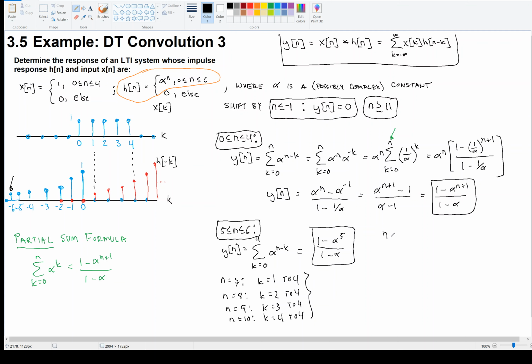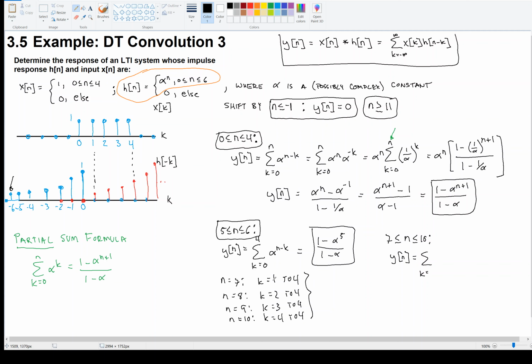So for n, excuse me, 7 to 10, my convolution sum becomes a sum from k equals, okay, now what is the lower bound? It seems to be changing with n. Can you find a pattern?